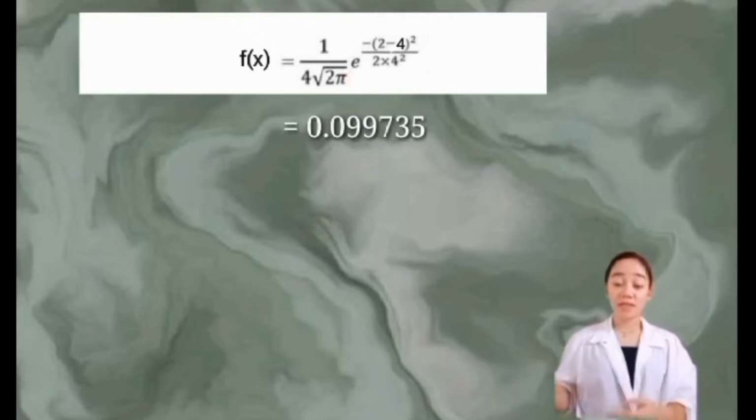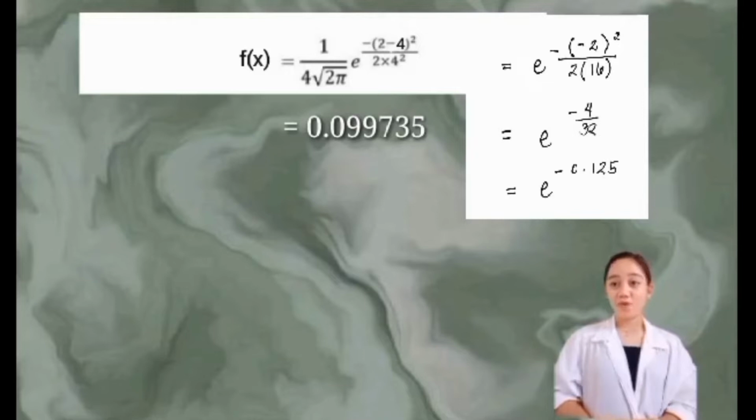So ato sa ni siyang i-simplify. Again, as what I've said, same lang sa example number 1. So 2 minus 4 squared is equal to negative 2 over 2 times ang 4 squared is equal to 16 man. So 2 times 16. And that would equal to e raised to the power of negative 4 over 32.